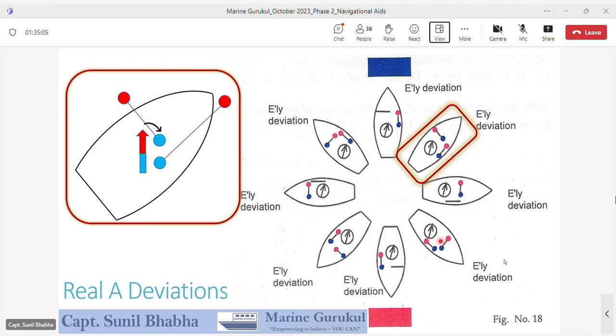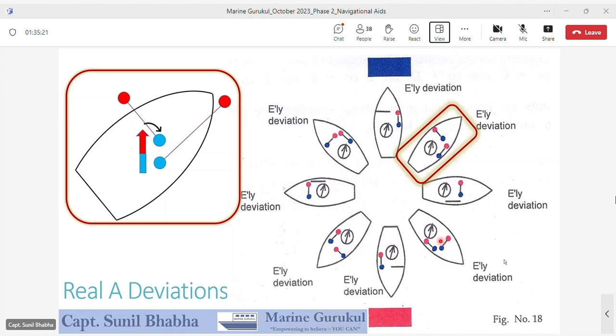Sir, if the real A deviation is generating the easterly deviation, that means the amount of the deviation will be same at every point. At every heading, beta, it will be same.